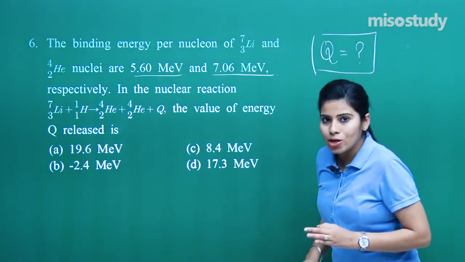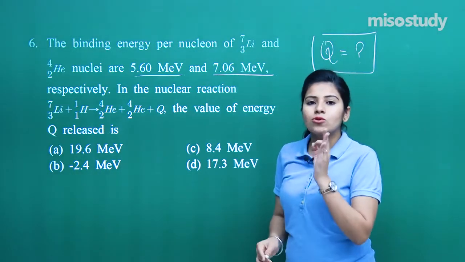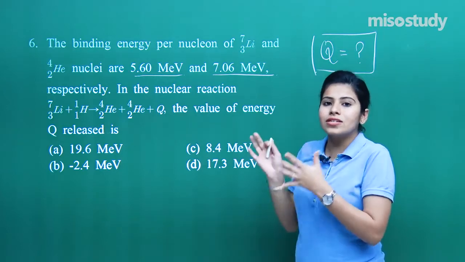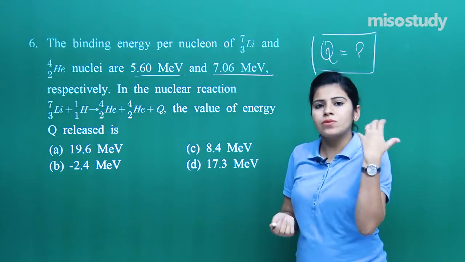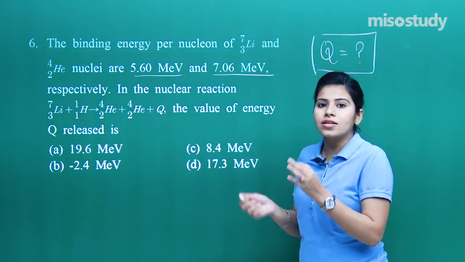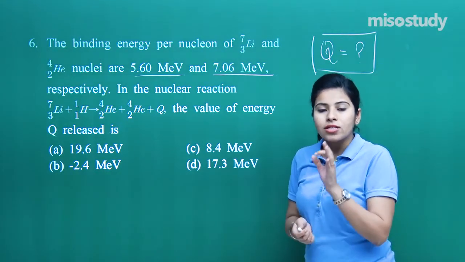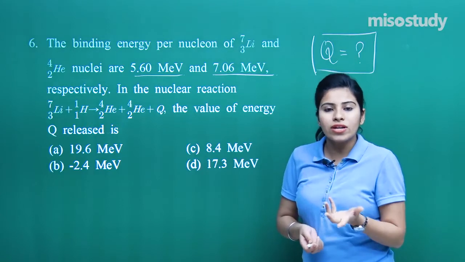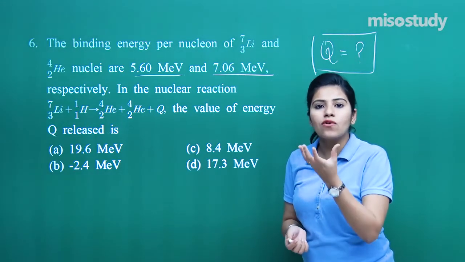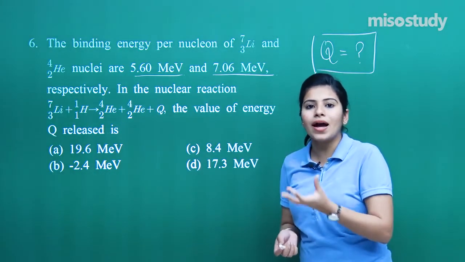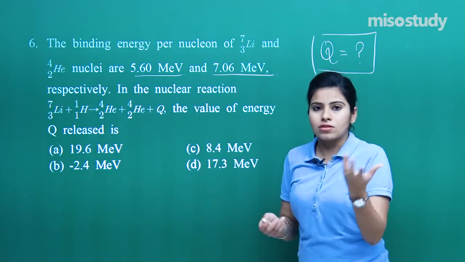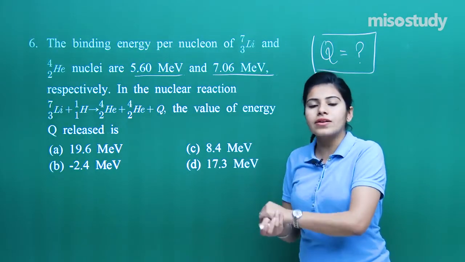Now let me just tell you again, in the previous questions that we have done related to the energy, from question number 1 to 5, we have seen a question where we have seen the Q energy, and that Q energy is what? The energy of products minus the energy of reactants.